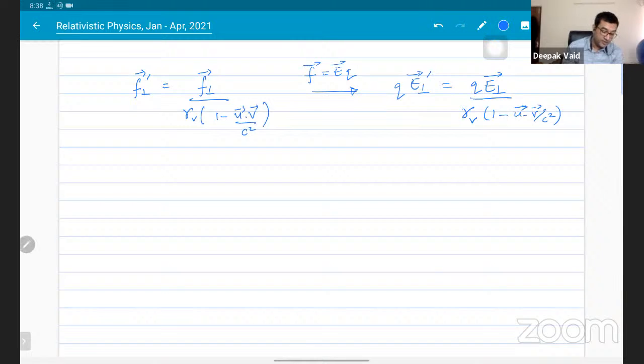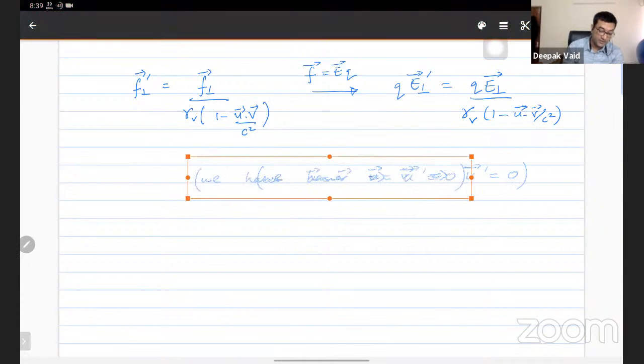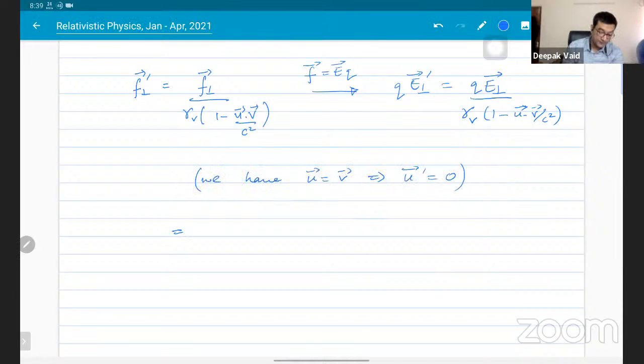Now, once again, we have U is equal to V, right? Because we already implied that, we already fixed that to be the case. So U prime is 0, right? So we already have this. This has already been decided to be the condition.